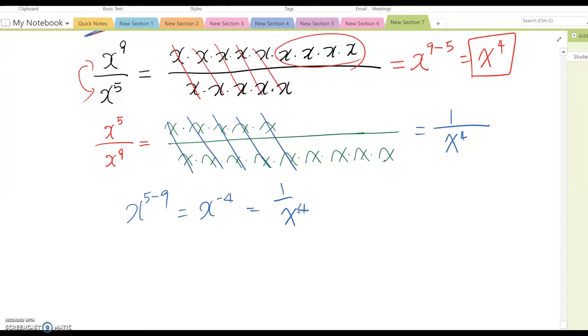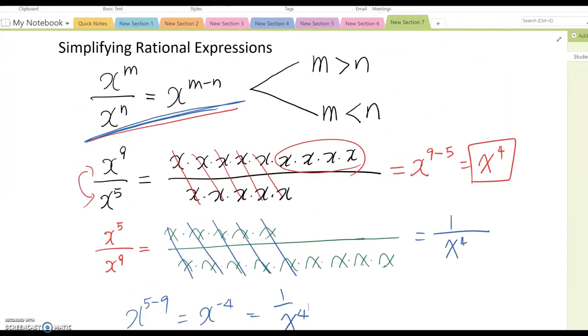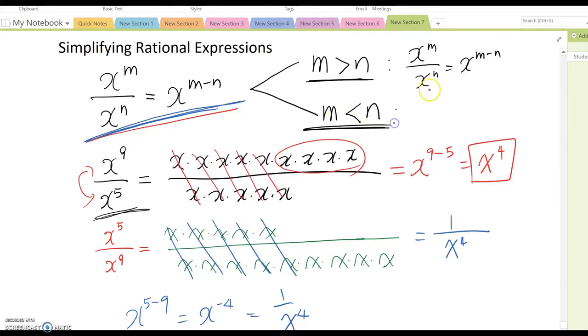But can we develop a little shortcut? If m is bigger than n, x to the m over x to the n becomes x to the m minus n. However, if the denominator degree is bigger than the numerator's, then we can use this property: x to the m over x to the n equals 1 over x to the n minus m.